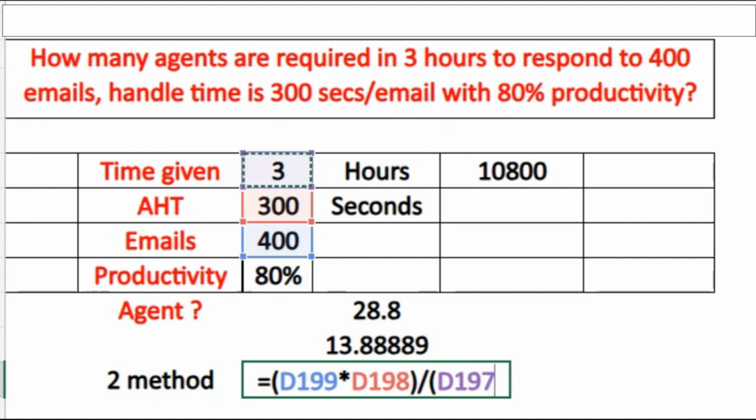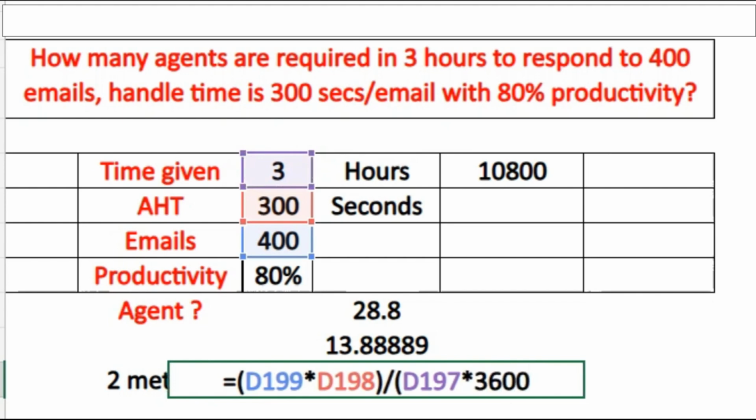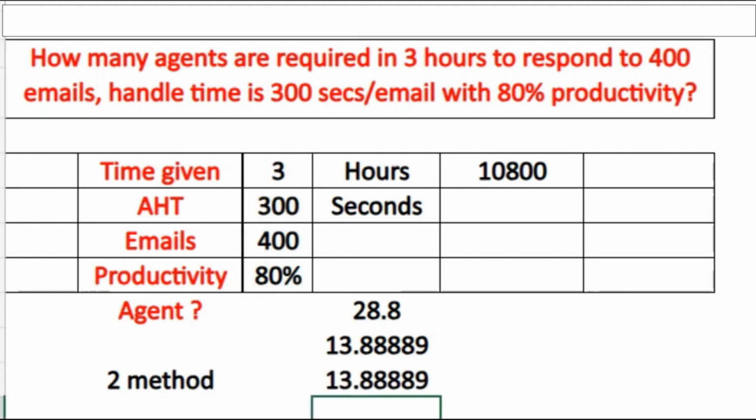We have to convert that into seconds, so that would be 3600 seconds, divided by your productivity. Now you can see that by both ways we get the same number of agents required.